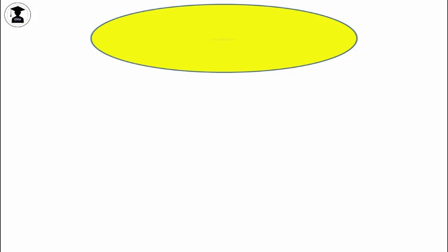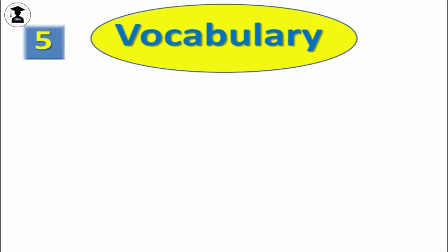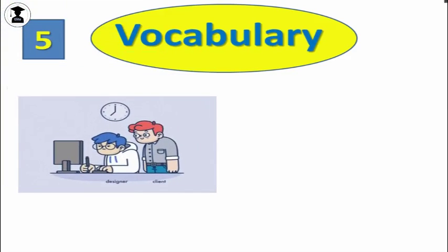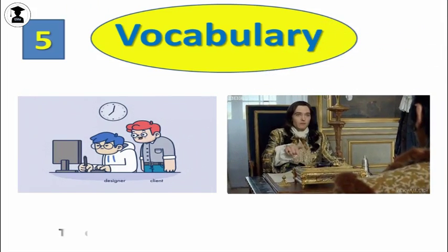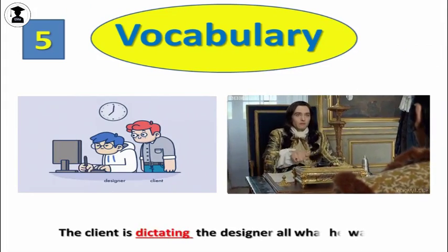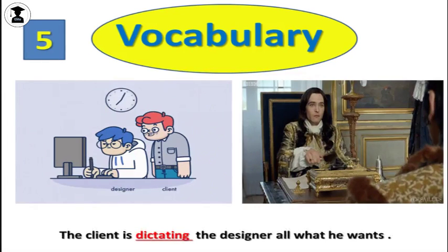The fifth word of today is dictate. Dictate. As you can see in the photo, we have a designer and a client. And our sentence says, the client is dictating the designer all what he wants.